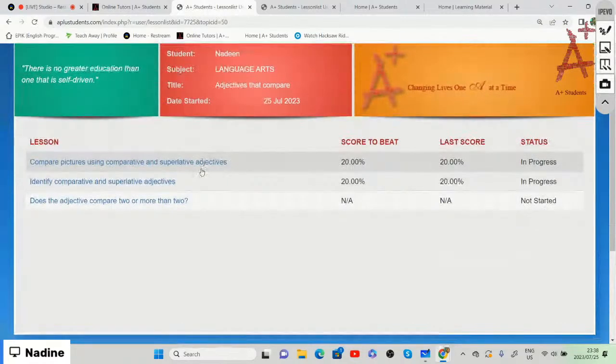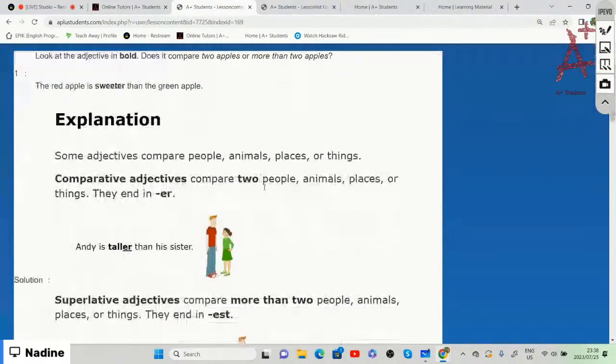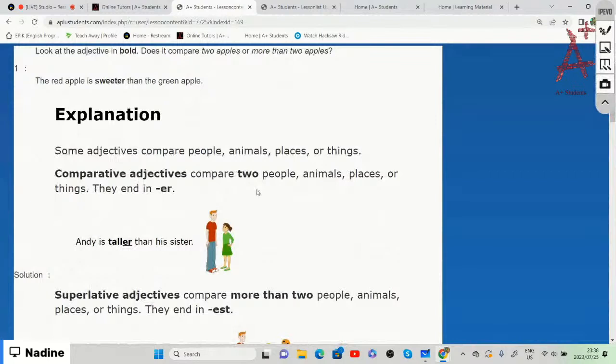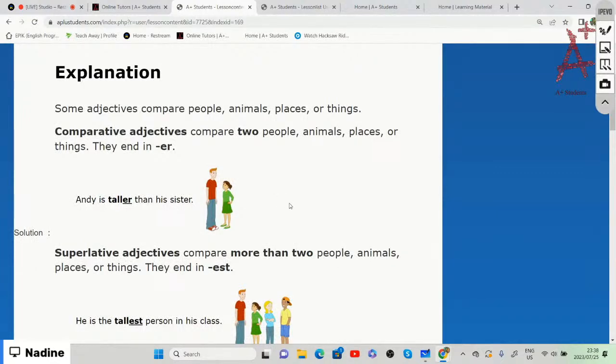So now we're going on to the last one, right? And the last one says, does the adjective compare two or more than two? Once again, we are going to go over what a comparative adjective is and a superlative adjective. And I know I am repeating myself, but I am mainly repeating myself so that we can familiarize ourselves with what a comparative adjective is compared to what a superlative adjective is, right?